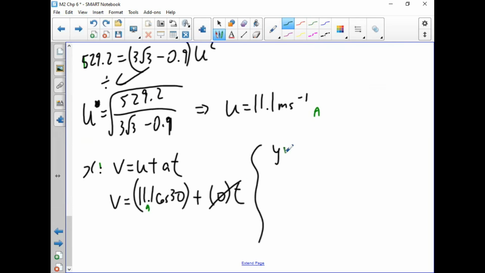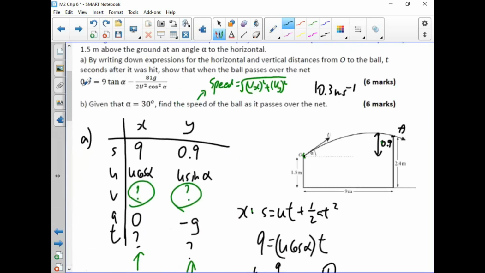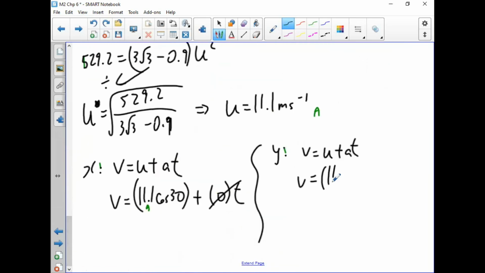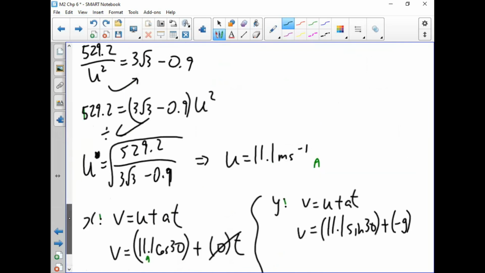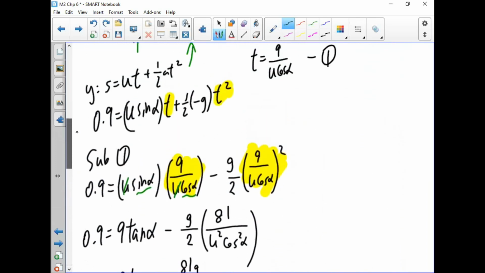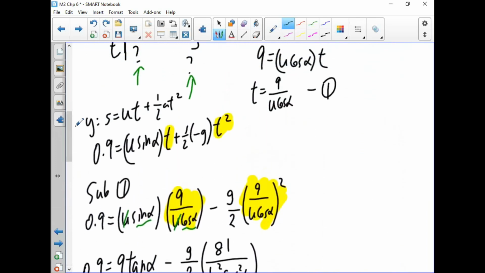Next, for the Y column, v equals u plus at. The value of u in the table is u sine alpha, so 11.1 sine 30, plus the value of a, which is negative g, times t. Well, where's our t? Do we have a t value? We do, in here. t equals 9 over u cos alpha.